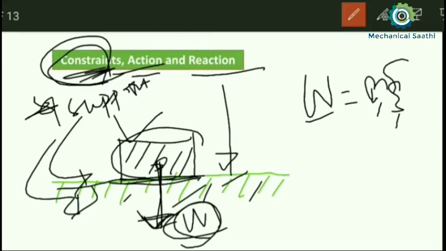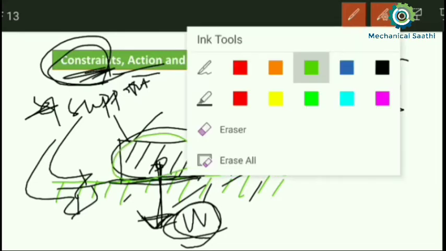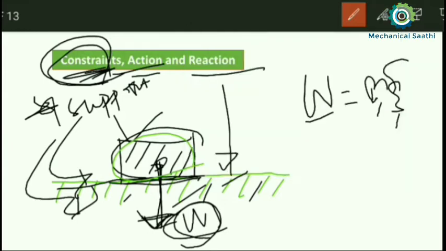So if we see this body, this system, I can say, is applying some force on this rigid support. W amount of force is being given to this support.